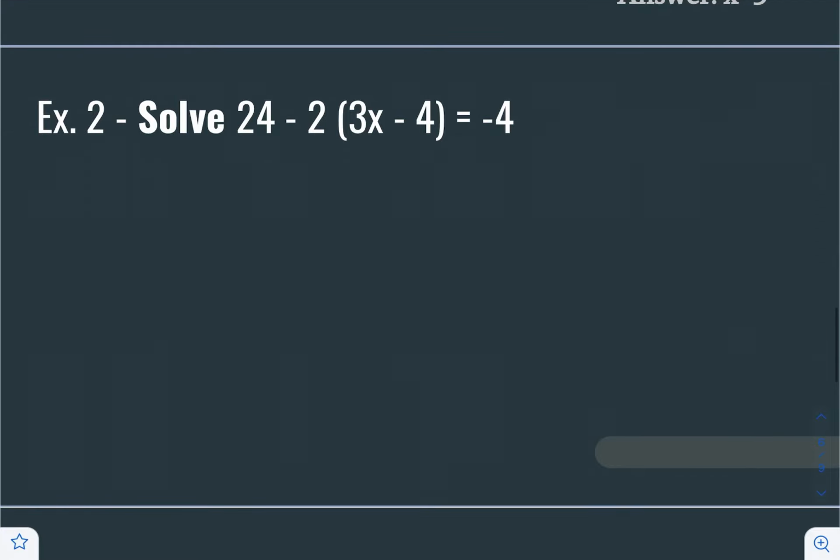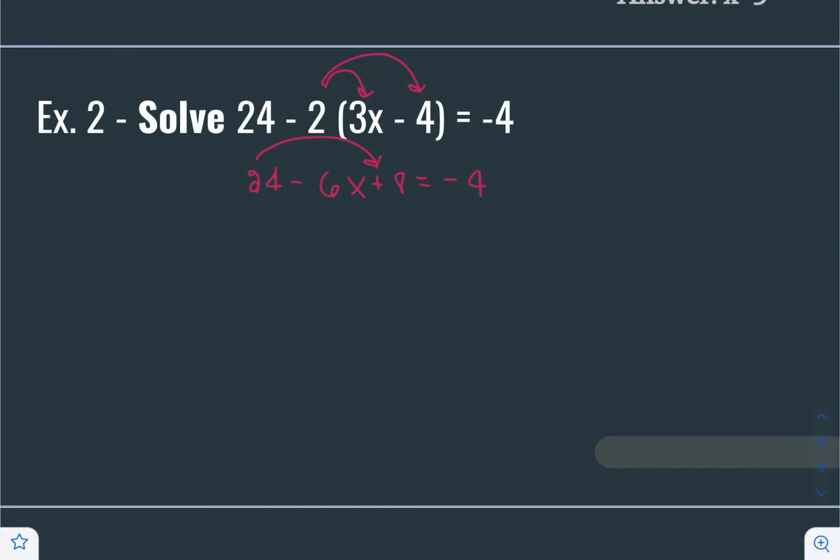Let's do another one. So the first step in this problem would be to first distribute into the parentheses. So we're going to distribute our 2 because that is the coefficient outside of the parentheses. So then we're going to get 24 minus 6x plus 8 equals negative 4. Then we are going to combine all the like terms on each side of the equation.